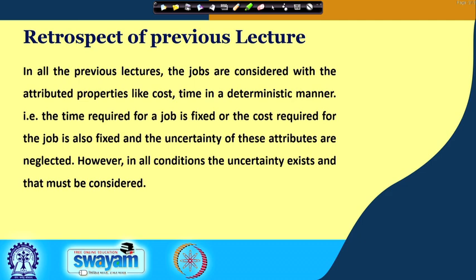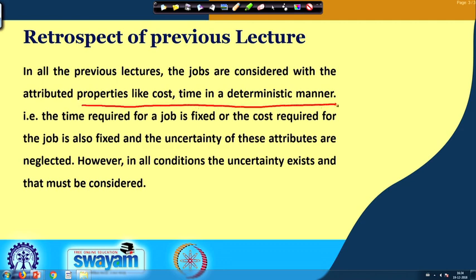So, before that let us retrospect what so far we have covered. In all our previous lectures, the jobs are considered with the attributed properties like cost, time in a deterministic manner. That is, we have considered that the time required to complete a job is fixed.